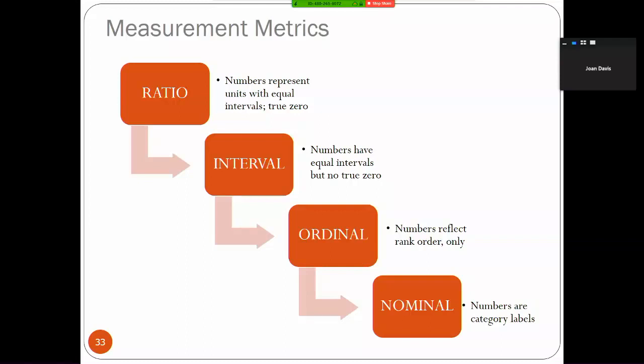I typically combine those two when I'm talking about them because we don't distinguish that much between the two in statistics, but they do differ slightly, and I'll show you how. So we have interval/ratio, we have ordinal, and then we have nominal data.